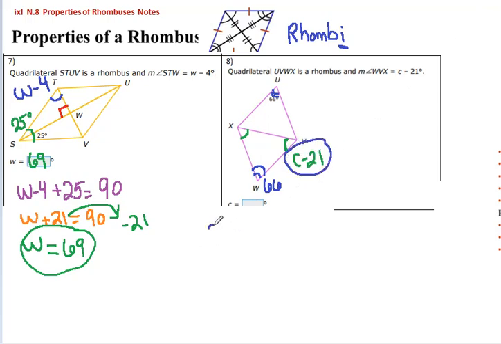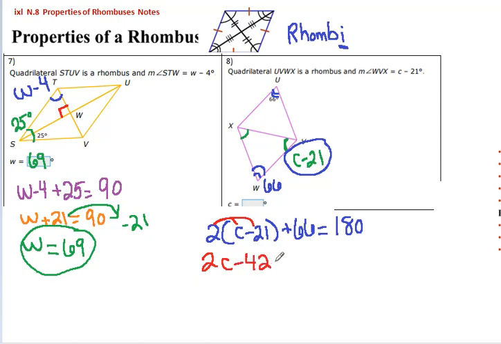So I'm going to write it like this. 2 times C minus 21 plus this 66 degrees has to total 180 degrees for the whole triangle. Okay, so you do your distributive property. 2C minus 42 plus 66 equals 180.